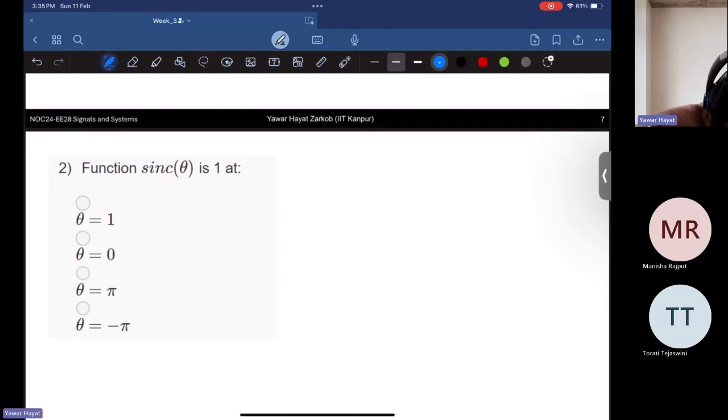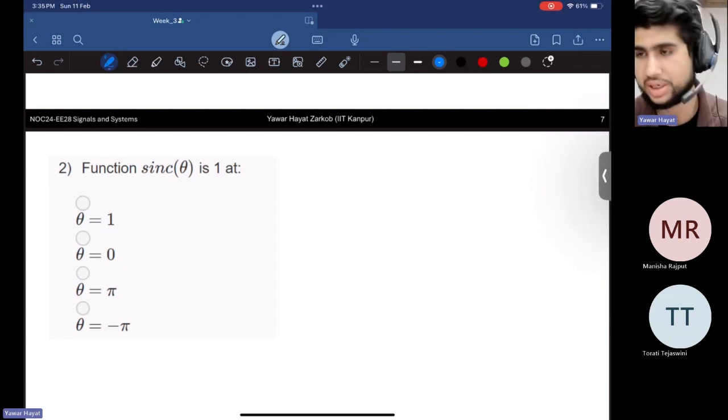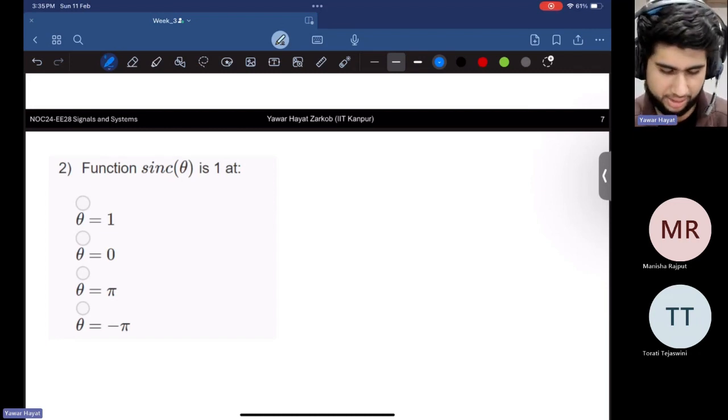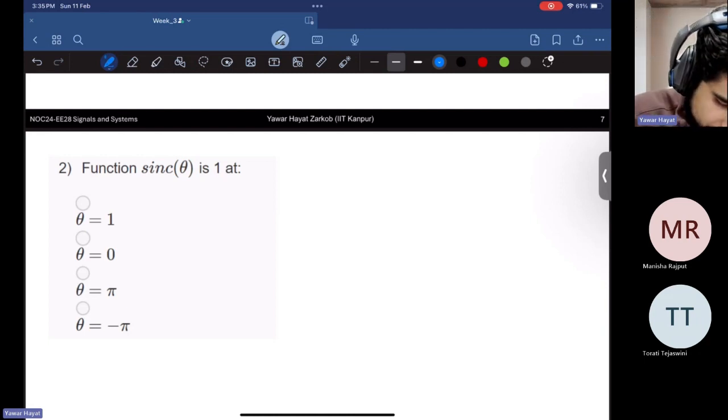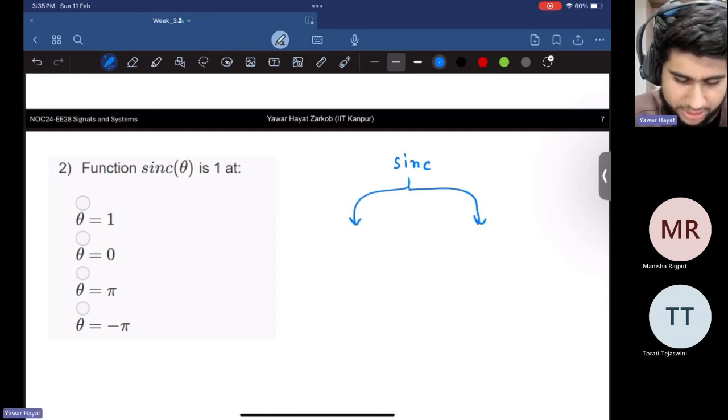Let us spend some time on this sinc function, since this is an important function that we'll be learning in this course and using time and again. So the sinc function: we have the unnormalized form and the normalized form.